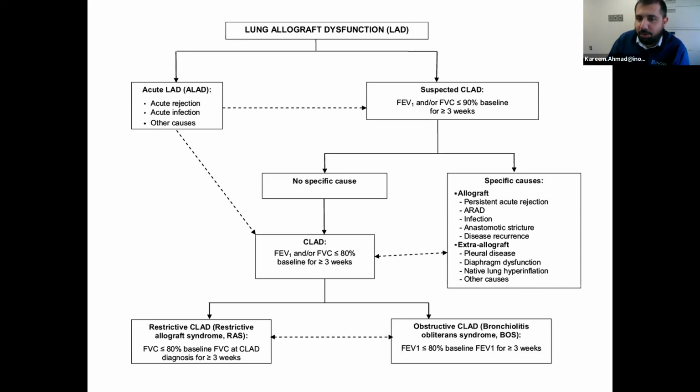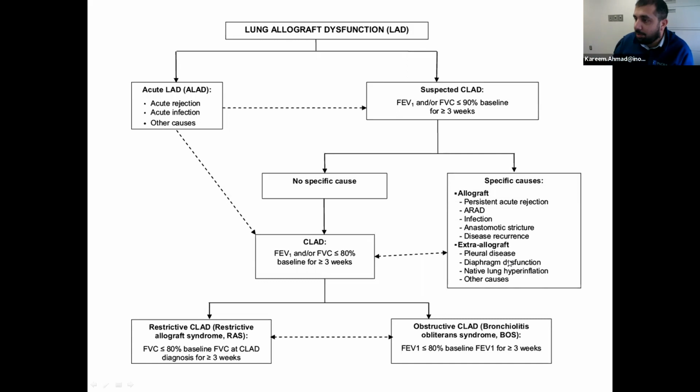Now, it's also important to differentiate the causes, and we'll talk about the different things. If you can find a specific cause before labeling a patient as truly having chronic lung allograft dysfunction due to a form of chronic rejection, you want to look for other issues. So this list of specific causes is here.